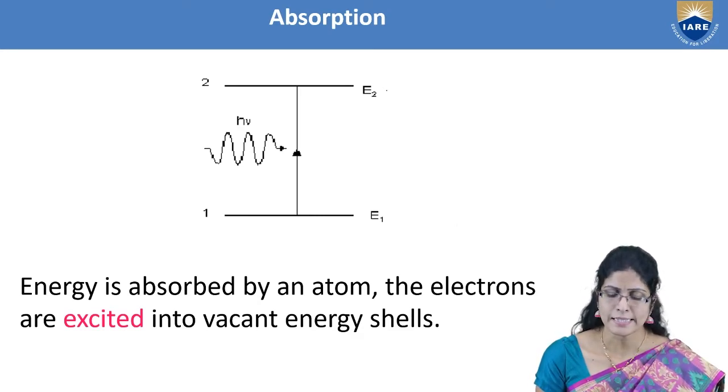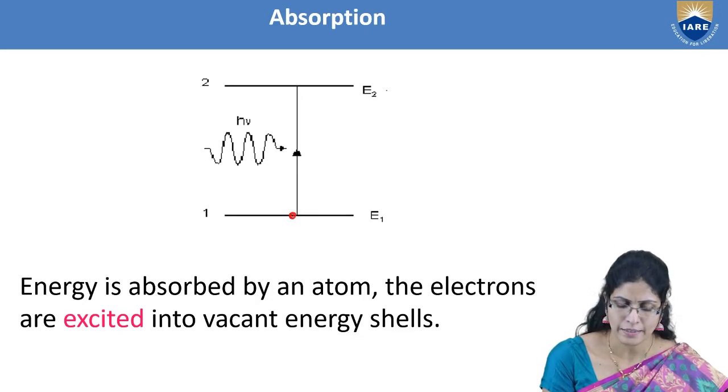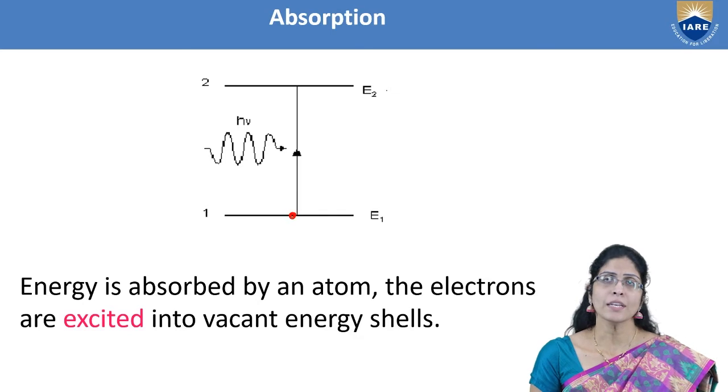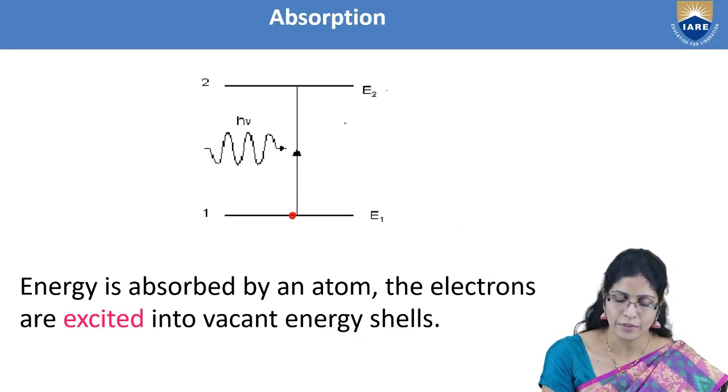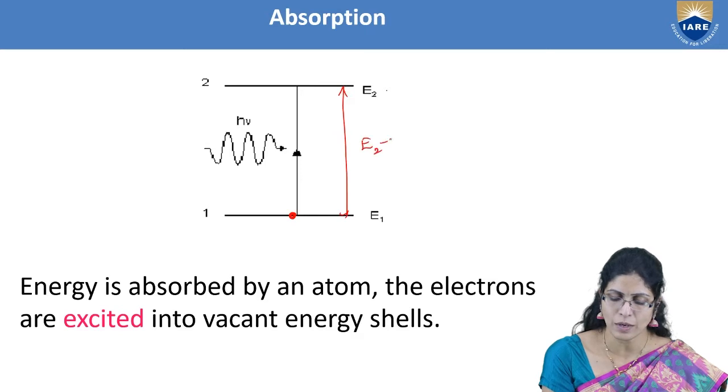Absorption, in the sense, let us consider an electron of an atom which is there in the lower energy level. Suppose there is some gap E2 minus E1, let me say that it is equal to h nu.